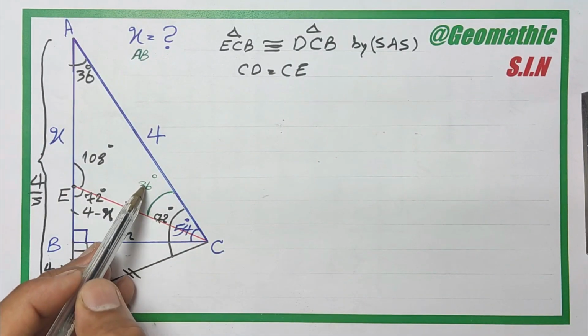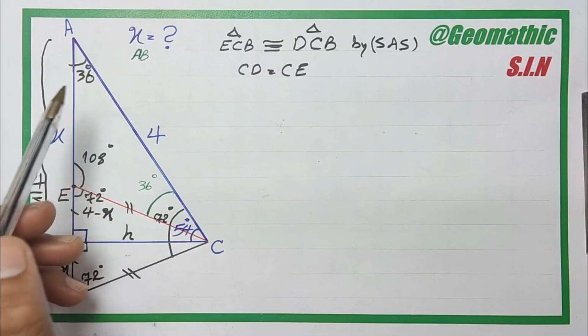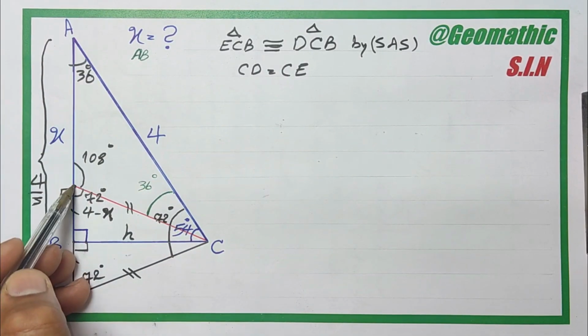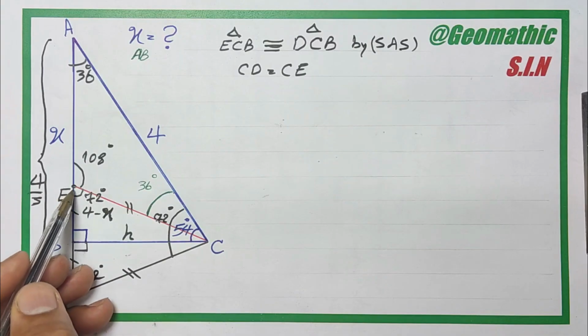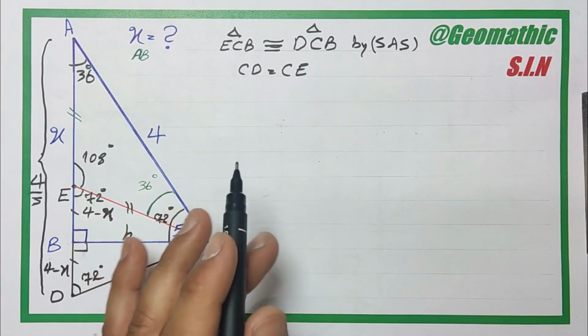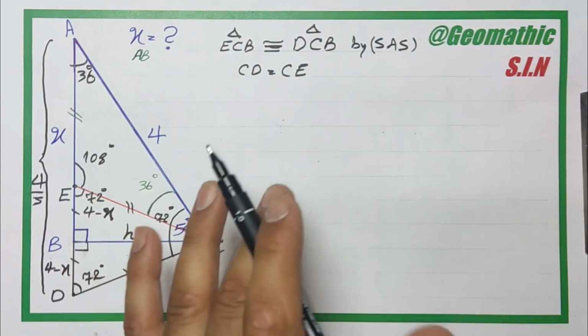One base angle is 36, the other one 36, so AE should be equal to EC. I show that the more we move forward, the more interesting it gets. Now we combine all the pieces and finally get the answer.